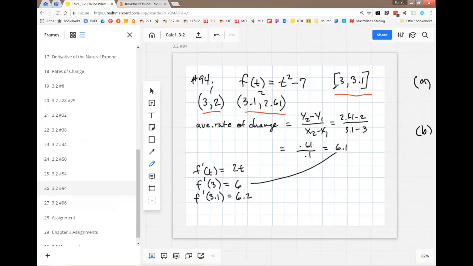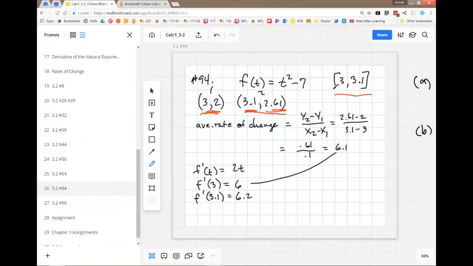So plug in a t of 3. 3 squared is 9, 9 minus 7 is 2. And so you've got to do a little calculating to find your y coordinates. And then likewise, at t equals 3.1, we had to plug in 3.1, get the answer, subtract, you get 2.61. So now we've got our two ordered pairs. The first one, they're both endpoints.